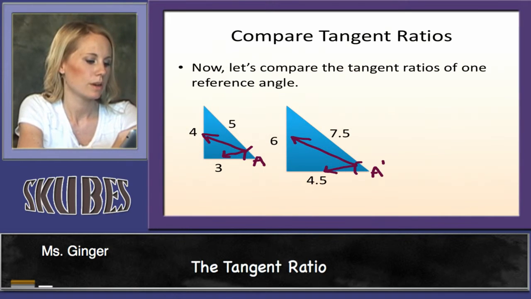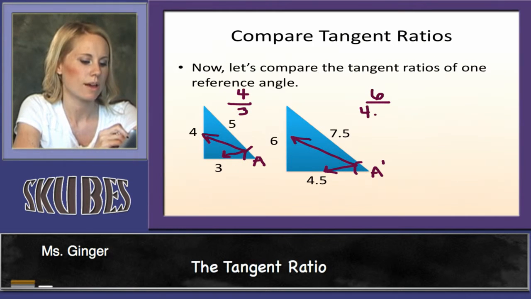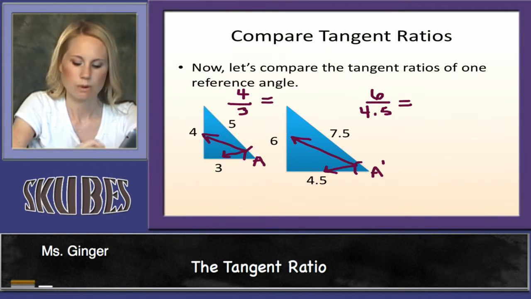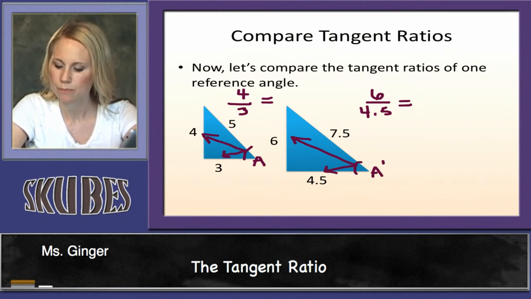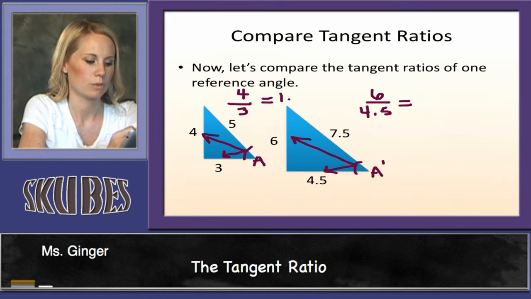So if we put tangent of angle A here, we have 4/3. If we find the tangent of A prime in this second triangle, we have 6/4.5. Just want to type both of these in, see what we get. If we get the same number, then that means they have the same relationship, and we do: 1.3 repeating.